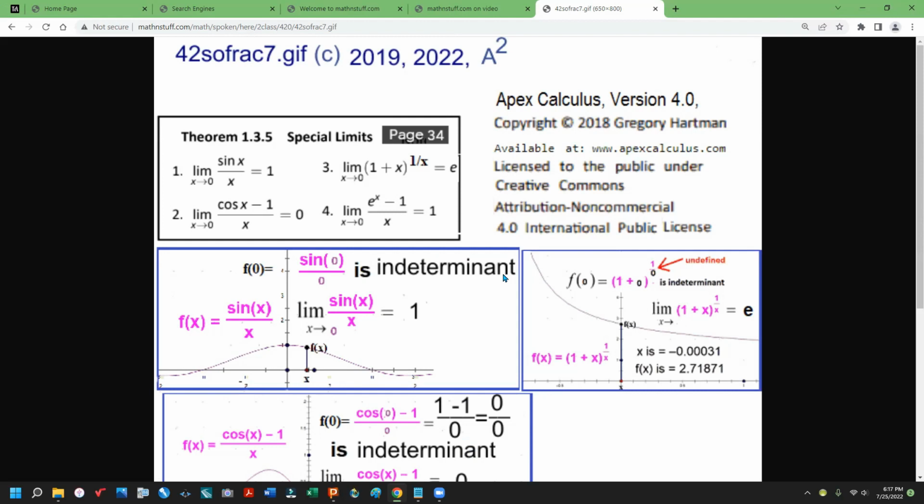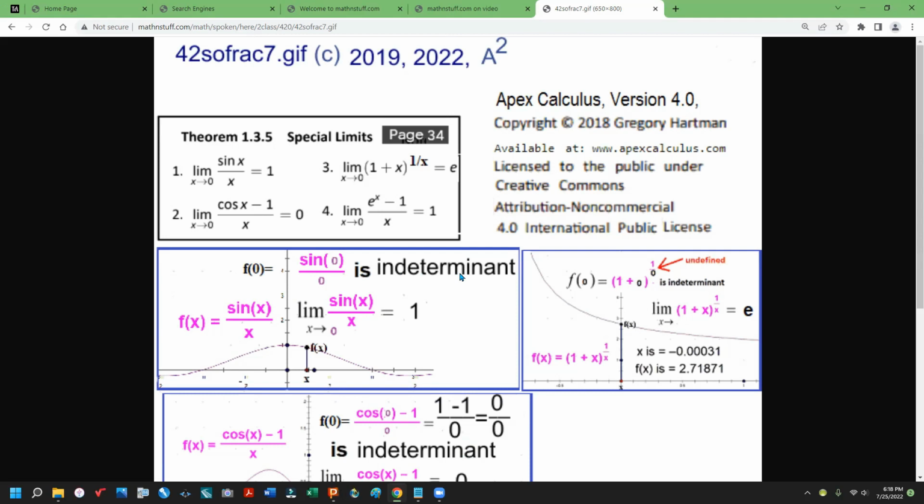Indeterminate is when you have a 0 over a 0. So if your function is sine of x over x, the graph of the sine is 0 at 0. The line x is 0 at 0. The function value for this function is 0 over 0.